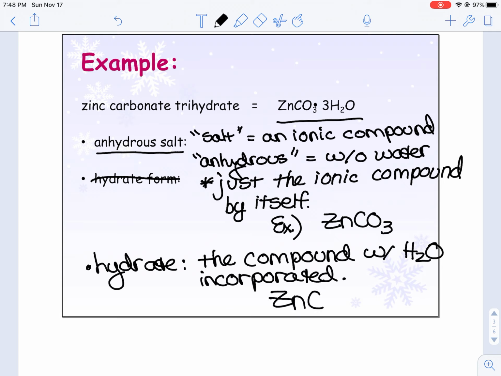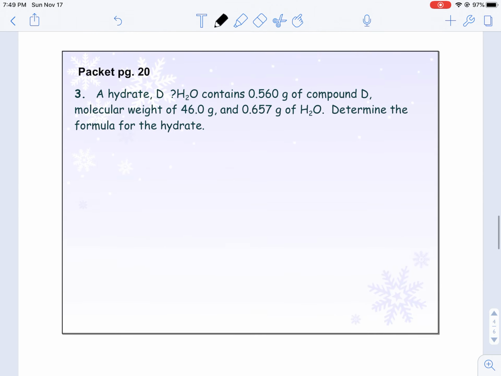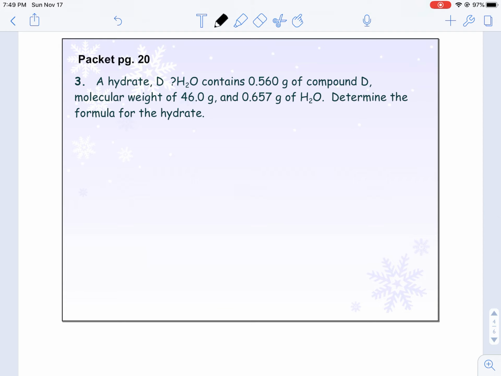So in this example, it would be the zinc carbonate with the 3 moles of water attached. So you can determine the formula of a hydrate by doing a very similar calculation to the empirical formula problems we did on Friday. The difference is that instead of breaking the compound up into the individual elements, you break it up into its ionic or anhydrous portion and the water.